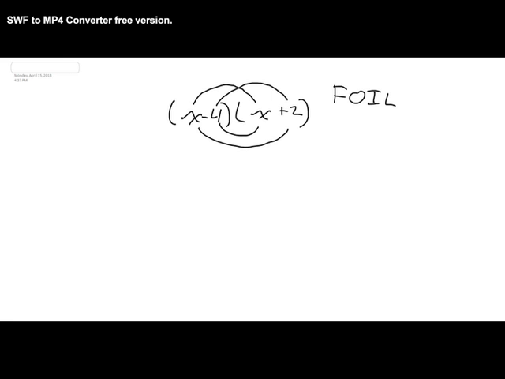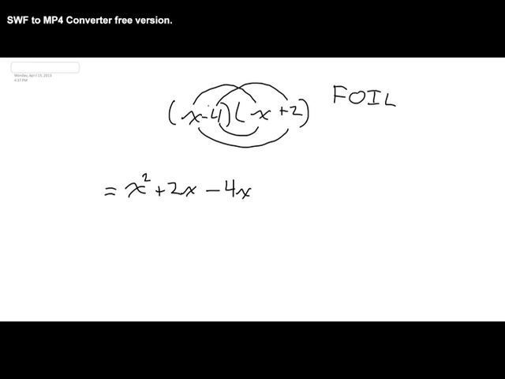We're going to use the FOIL method here: front, outer, inner, last. My front terms, x times x, give me x squared. Our outer terms, x and positive 2 multiplied together, give me 2x. Our inner terms, -4 and x multiplied together, give me -4x.